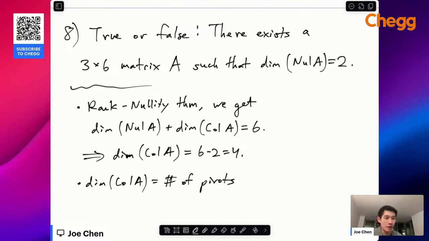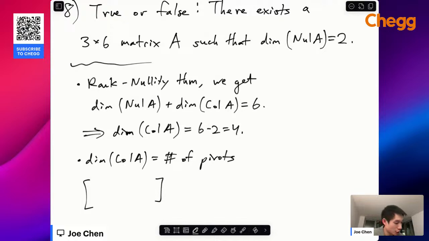But what is a pivot? A pivot is the first nonzero number of a row, which is also a 1.